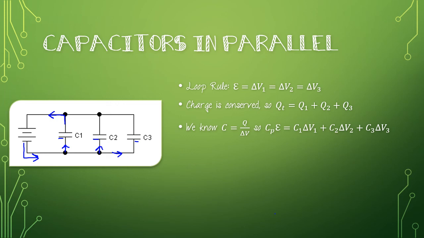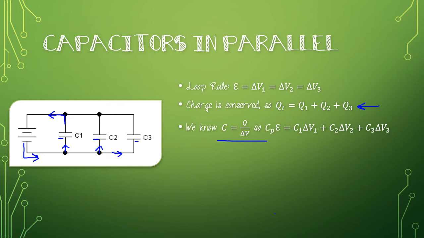Once again, we know the capacitance is charge divided by potential difference. So I am going to substitute into my charge equation that I have here. If I solve this capacitance equation for charge, I get that charge is capacitance times potential difference. And so I'm going to plug that into my charge equation.